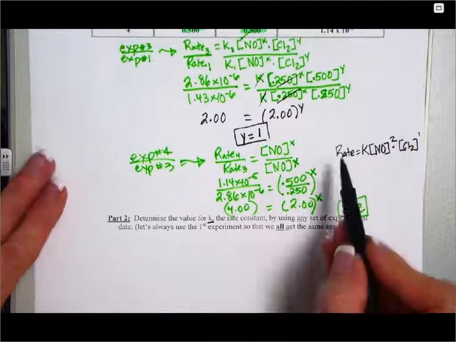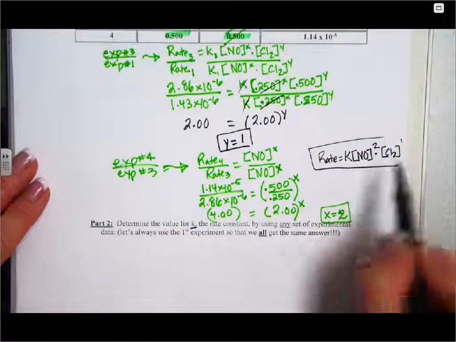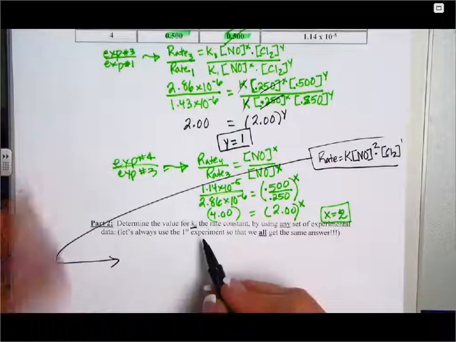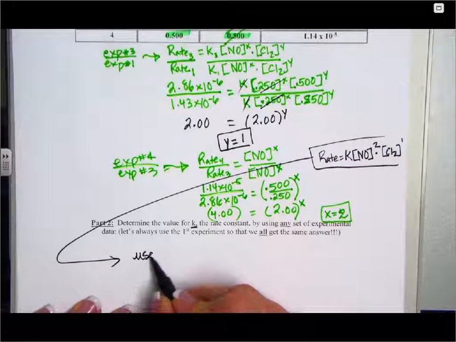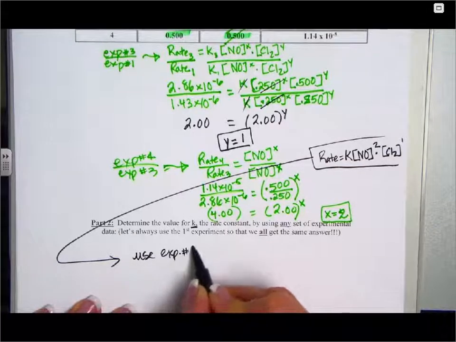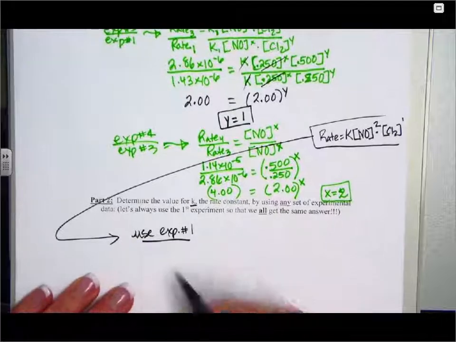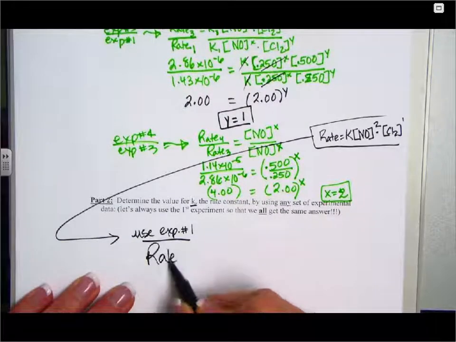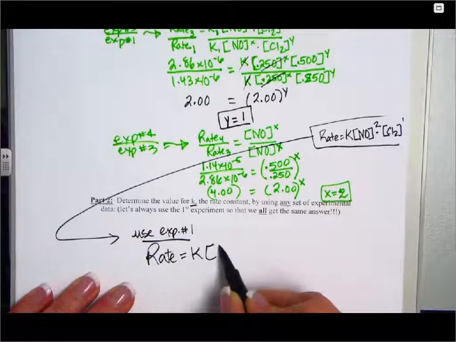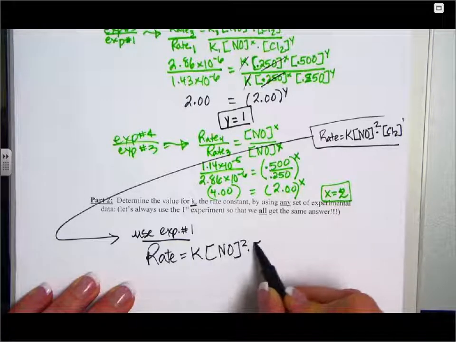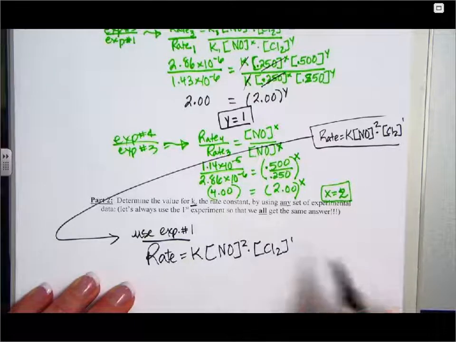How would you solve for K? Now that we know our rate law, all you do is you're going to plug in, and we're going to always use experiment number 1 data when you solve for K. So rate equals K times NO squared times Cl2 to the first power.